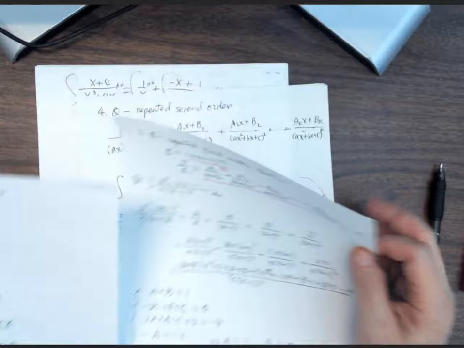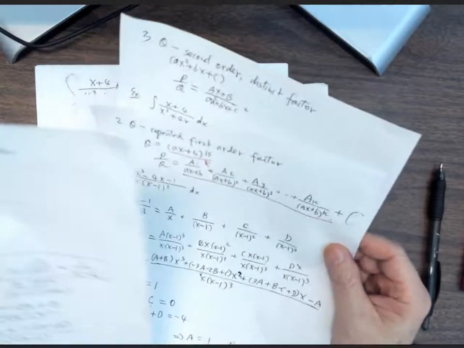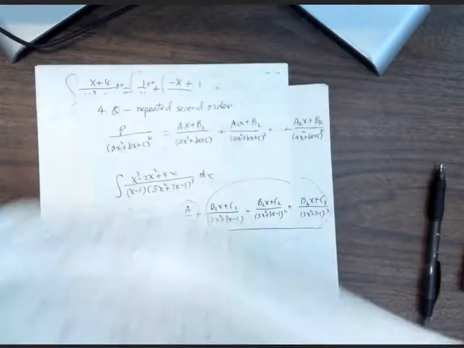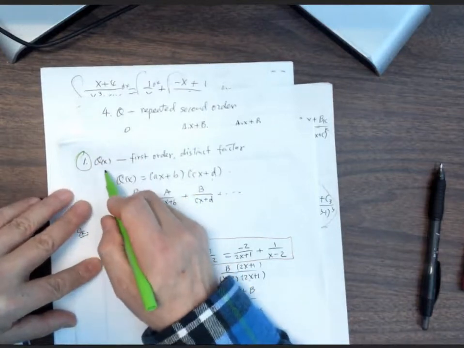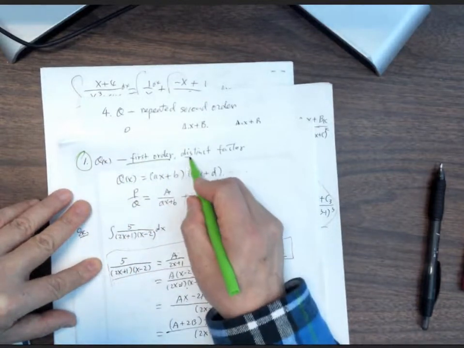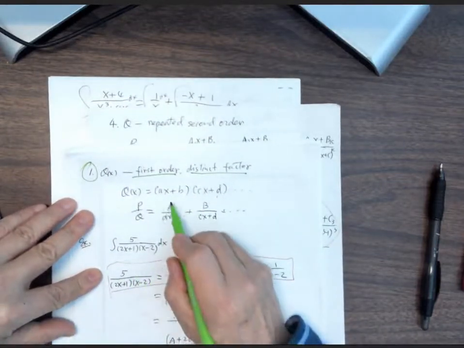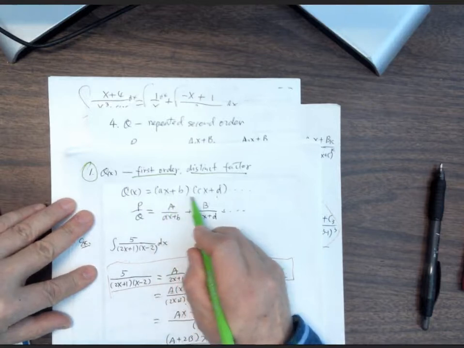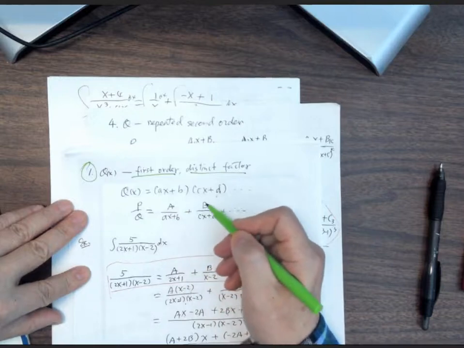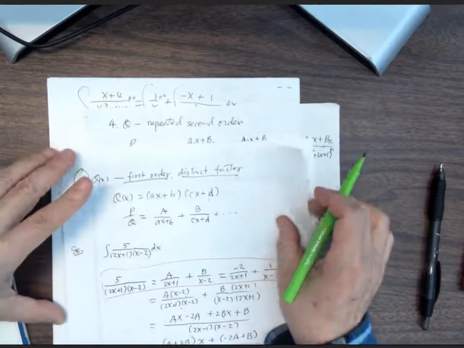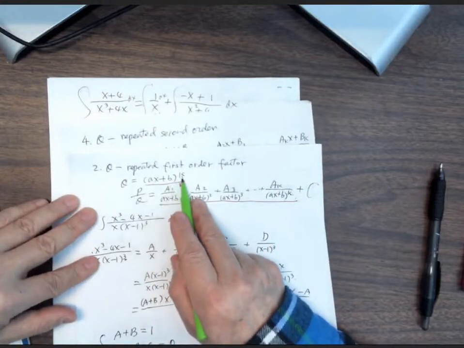The cases we need to actually work out everything will be the first three cases. Case 1 again, first order non-repeating. Distinct ax plus b, cx plus d, assume a constant on top, a over one, b over another. Case 2, repeating first order.